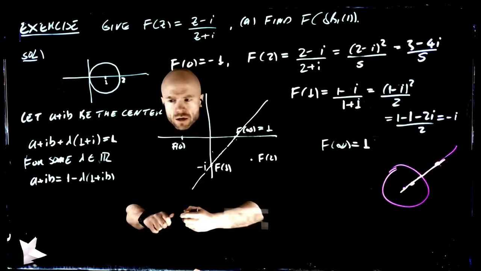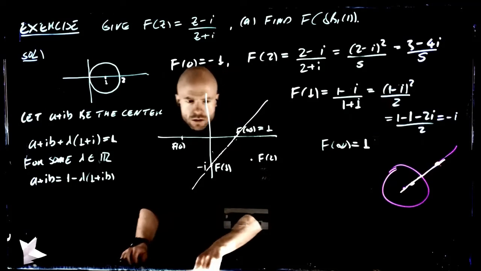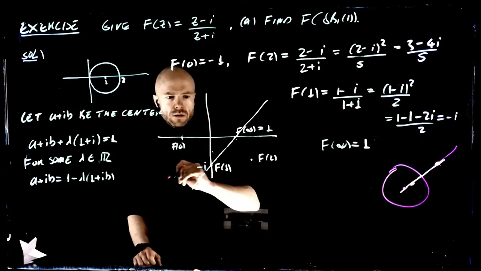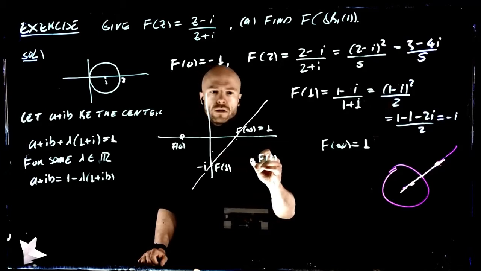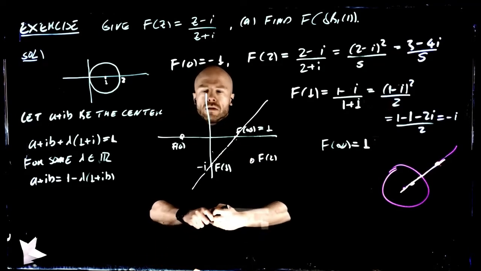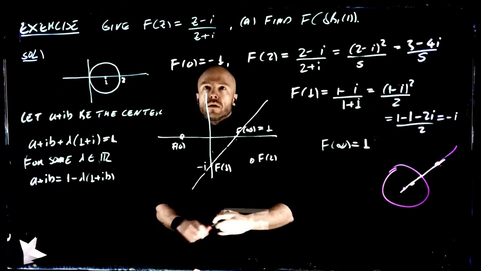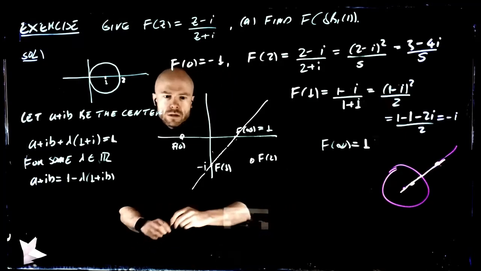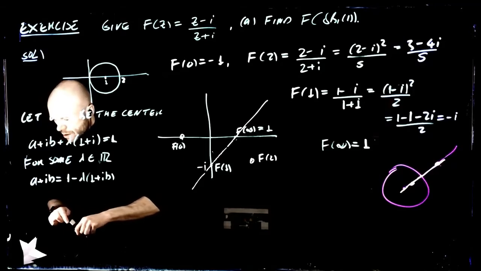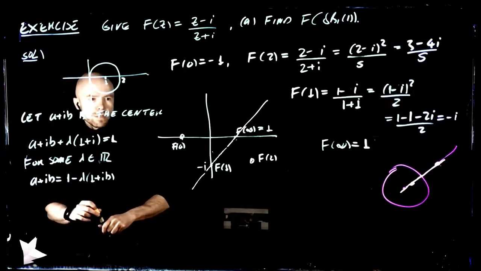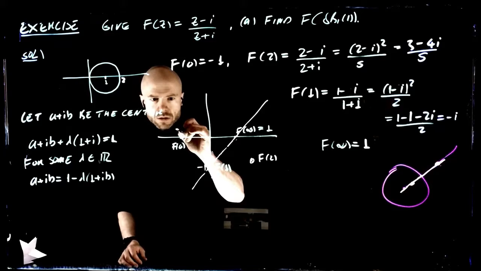So these guys are on our circle. So this is on our circle, and this is on our circle, right? And then we're just going to calculate these radii. So 0 is minus 1, okay. It's minus 1.